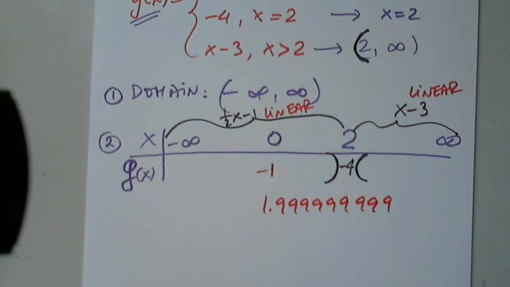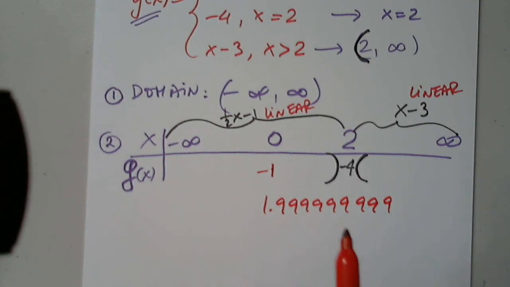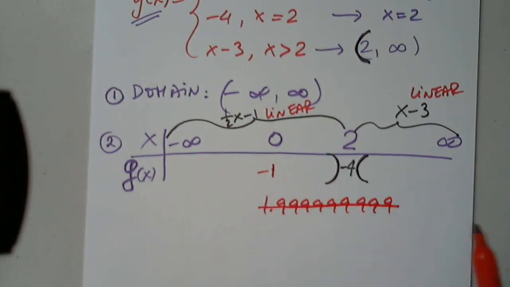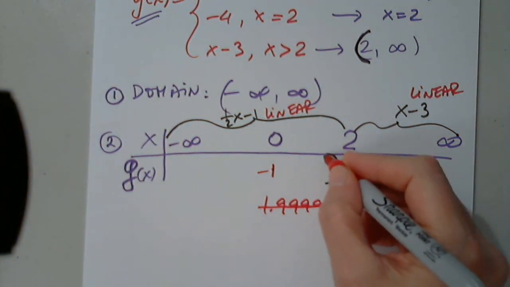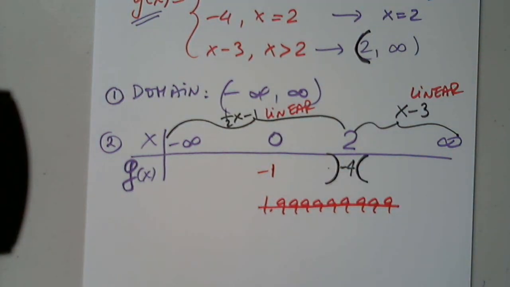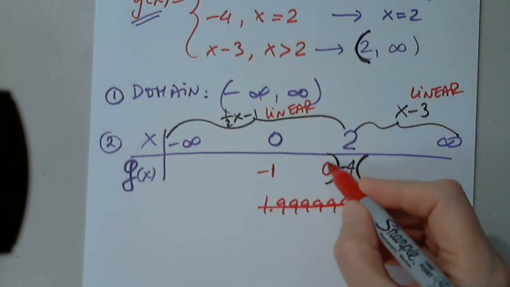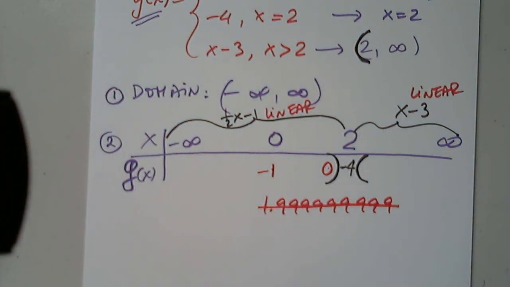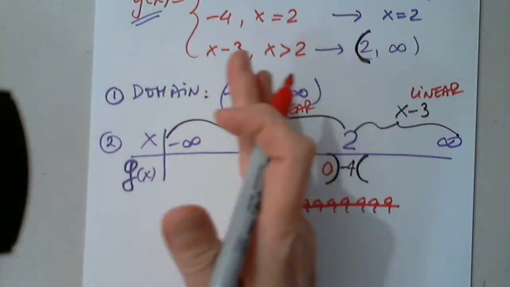So plug in 1.999 in there. Of course, you're going to say, no, I don't want to do that. So bear with me and plug in 2. And we write right here inside a parenthesis. What do I write in here? 0. That's 0. Very good. Perfect. So this is done.